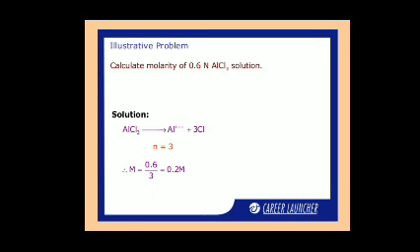Calculate the molarity of 0.6 N aluminum trichloride solution. Normality is equal to 0.6 N. Charge on cation is equal to 3.